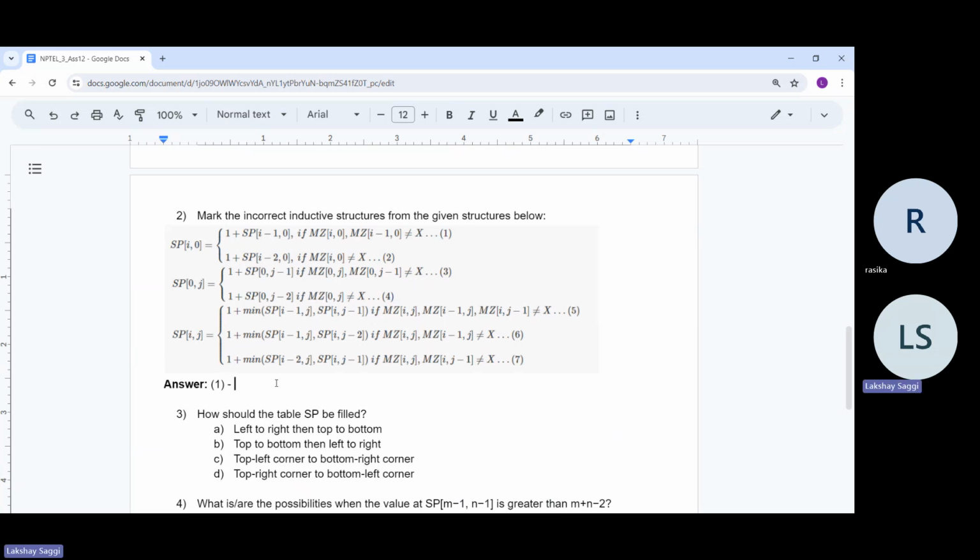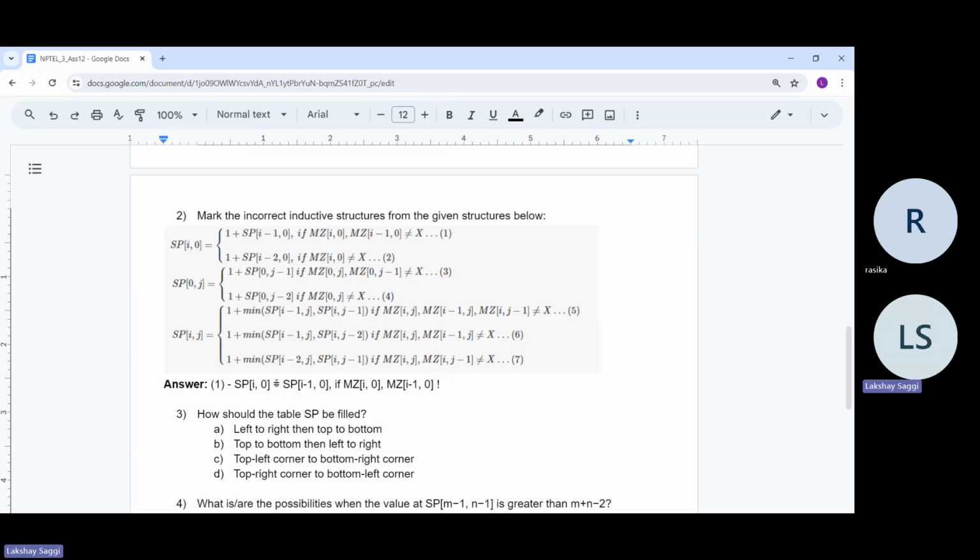So one should be written as SP(i, 0) is equal to SP(i-1, 0) if M[i][0] and M[i-1][0] are not equal to cross.